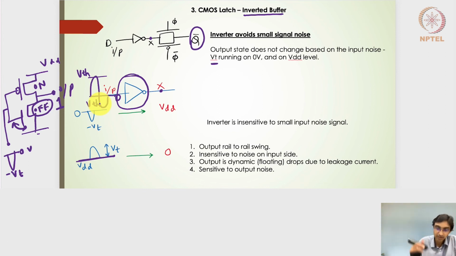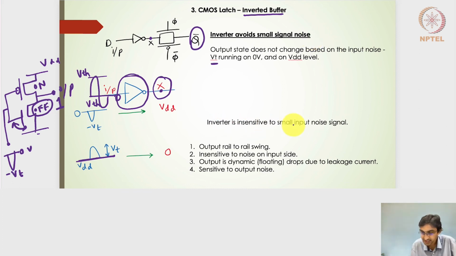So if the noise signal is above 0.5 for the 0 voltage level, or is below 0.5 for the VDD rail, then only this X value will change, right? So any small, low-level noise signals will not have any effect on the inverter side, and that's the reason this inverter is going to avoid the small signal noise, right? Especially at the input side.